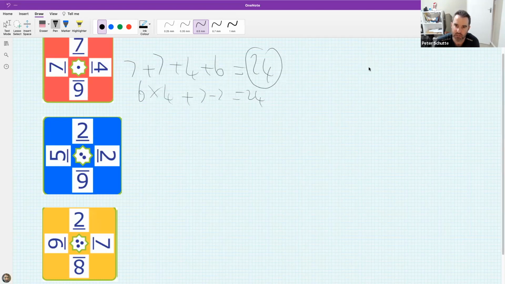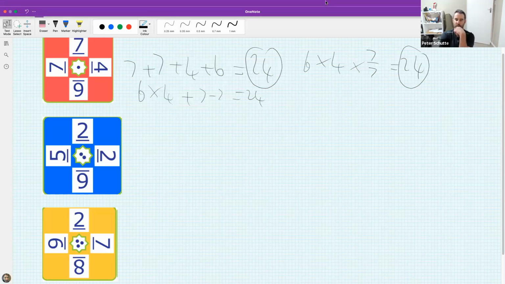Or you could have said 6 times 4 times 7 divided by 7. Those will all give you 24. Nice. Okay, red is gone. The glory has been handed out. What about the blue and the yellow?